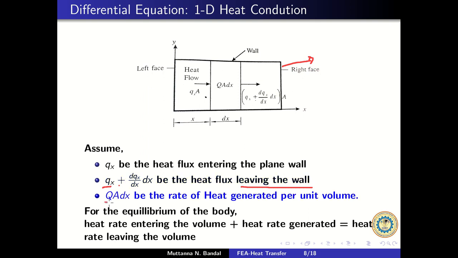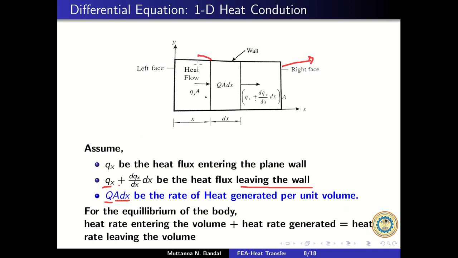And let Q̇ · A · dx be the rate of heat generated per unit volume. Q̇ is the amount of heat generated within the body, because when I heat it, because of some reactions, energy is generated here. That is termed as Q̇, and A · dx is the volume.